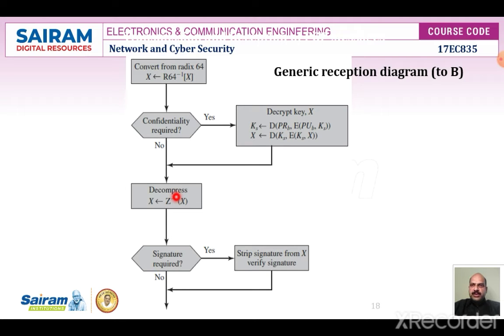If the message is signed, the recipient has to recover the hash code and compare it with its own calculation of the hash code. In such a way the message is recovered at the reception end. This is the actual process of compatibility verification from the PGP services.